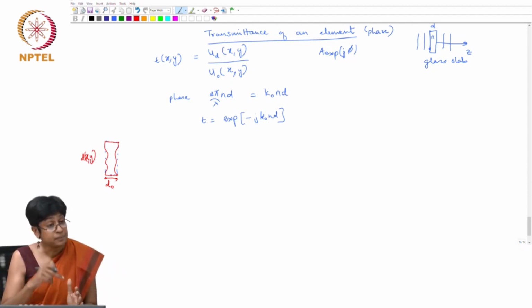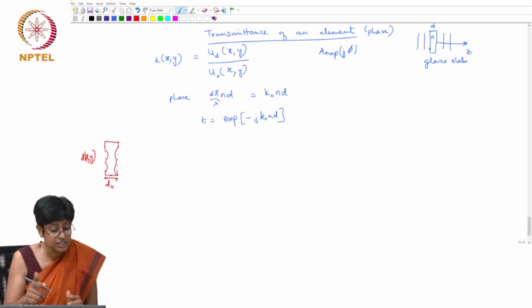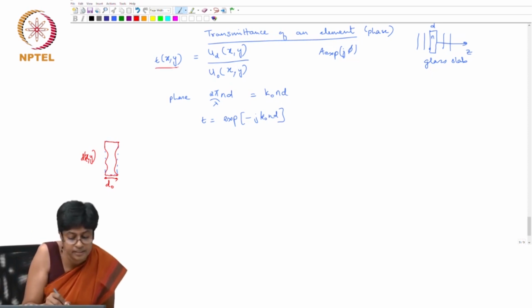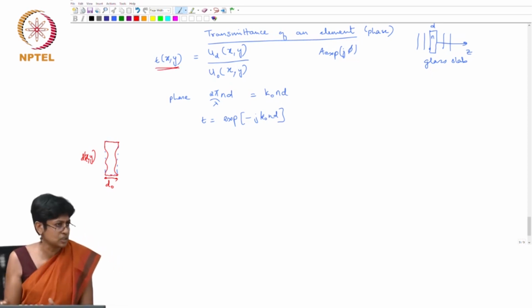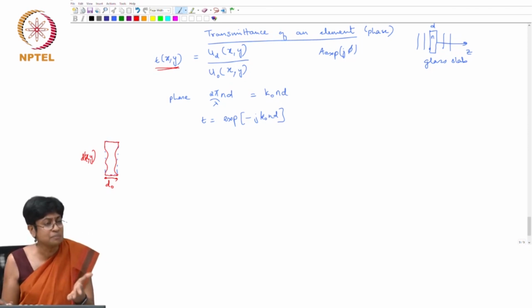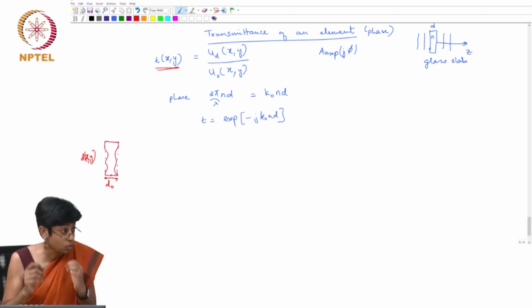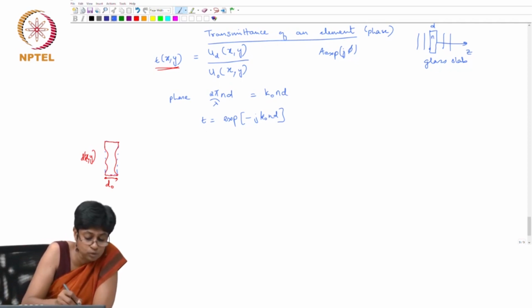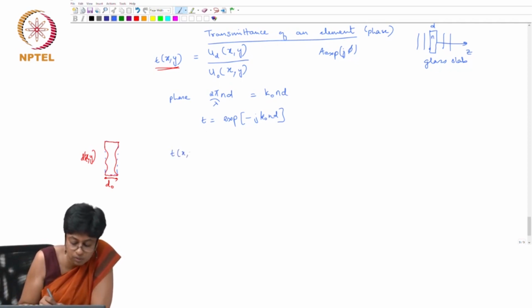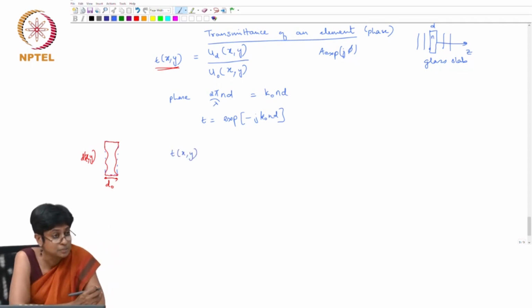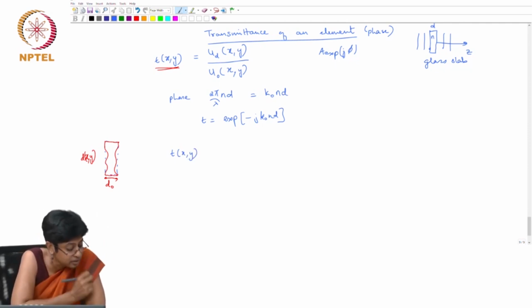And so if I'm taking into account the phase change, here it didn't really matter. I wrote t of x y, but this was the same transmittance everywhere because the thickness was the same everywhere. Therefore, the phase change was the same. Now I can't ignore the x and y. I really have to take into account the transmittance at every point due to the different phase at every point.